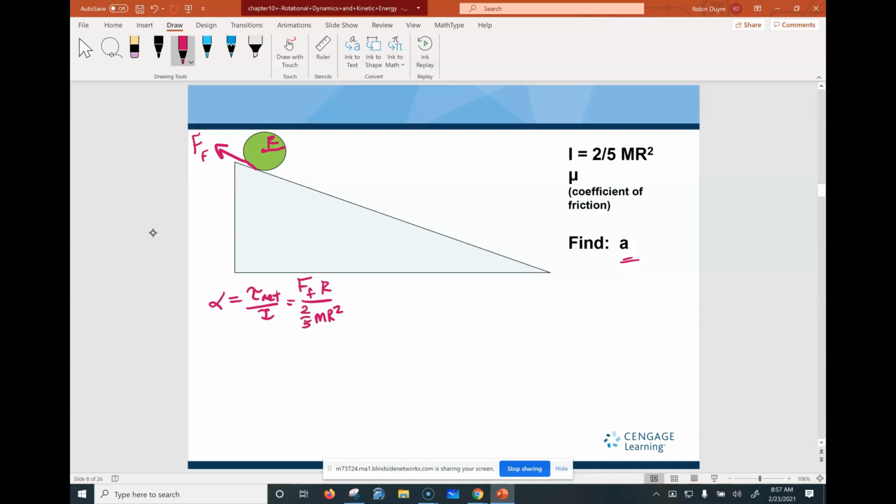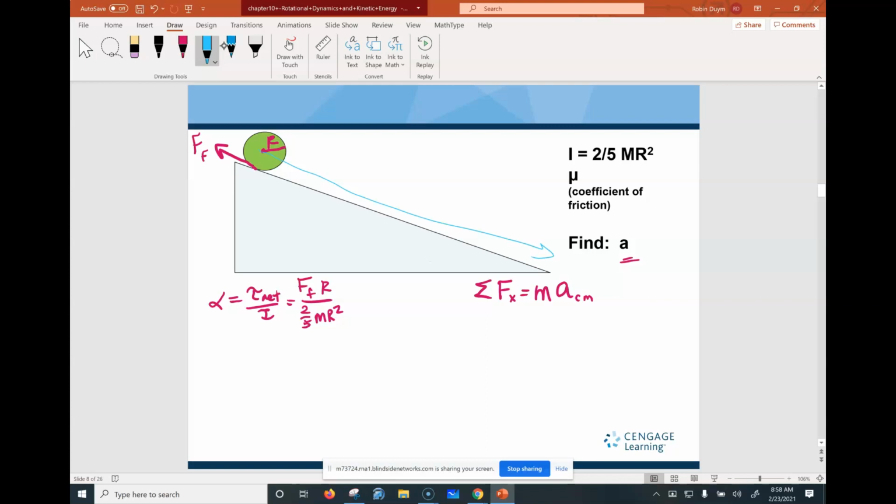Your next step is to sum up all your forces in the x direction. And I'm just going to specify that that's the acceleration of the center of mass. So this ball, we're just looking at the center of mass.